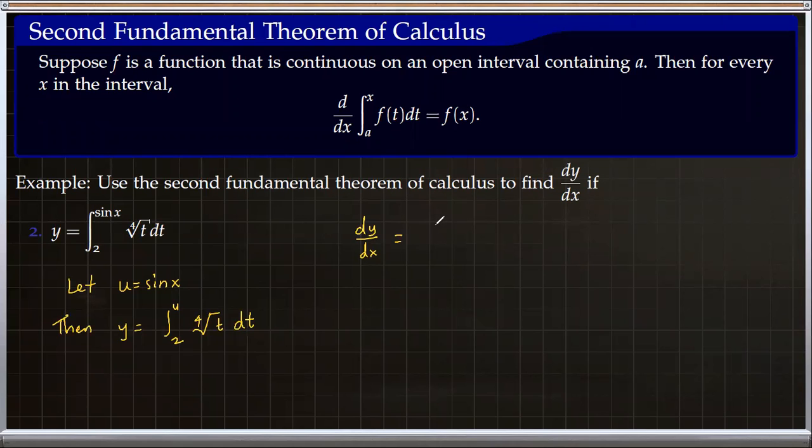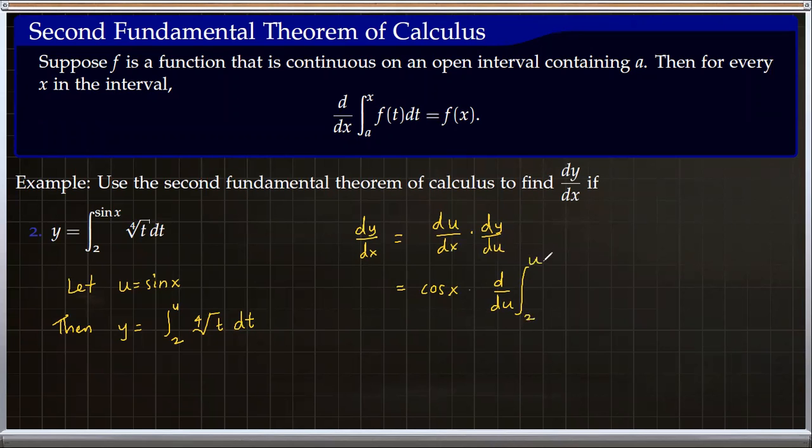So we need to apply the chain rule, which says dy by dx equals du by dx times dy by du. So du by dx is simply the derivative of sine x, which we know is cosine x, times dy by du, which will simply be the derivative of this integral, because y is this integral.